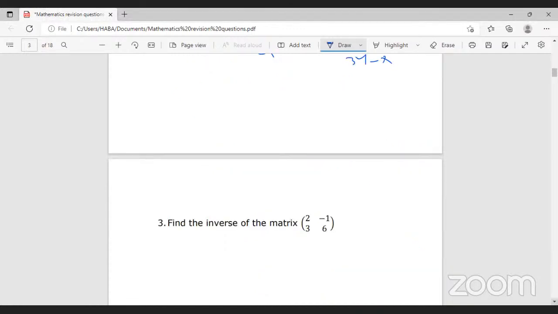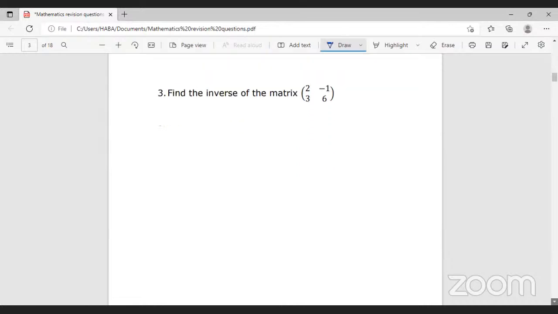Number 3, we are requested to find the inverse of this matrix 2, 3, negative 1, 6. Do you have an idea of how we find the inverse of the matrix? Any idea?